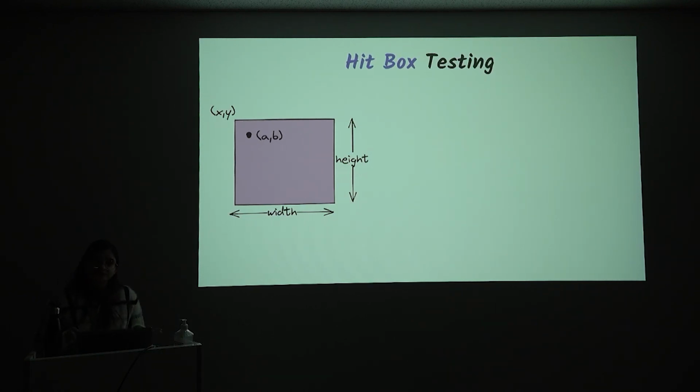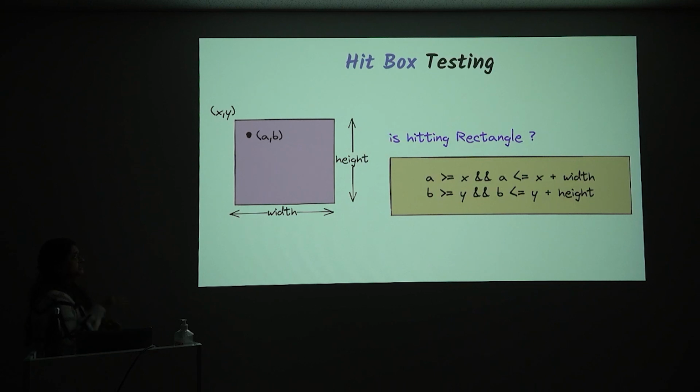So what we can do is loop through all the elements in the canvas and check, does this A, B coordinate fall in the range of any of these elements? So if it is between x plus width, y plus height, then I can say that, hey, the user is targeting this particular rectangle in the canvas. So this sounds fair. Now let's look into the implementation of it.